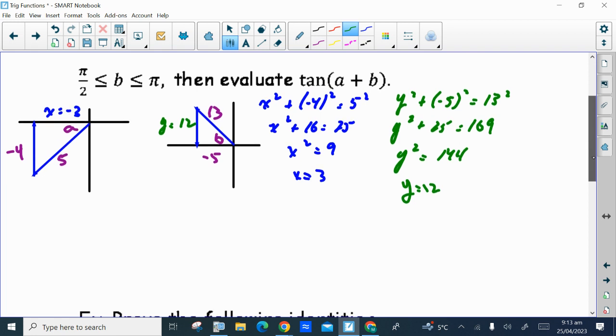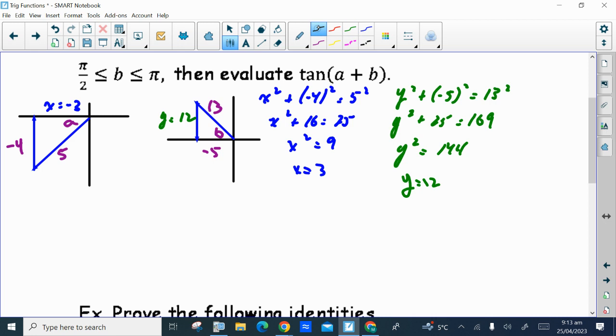But we want to find out what the tangent of A plus B is.